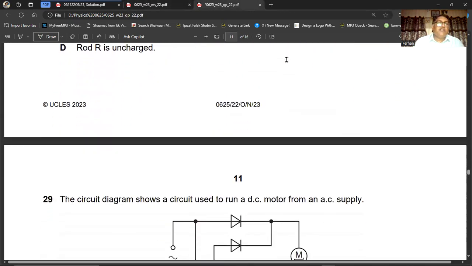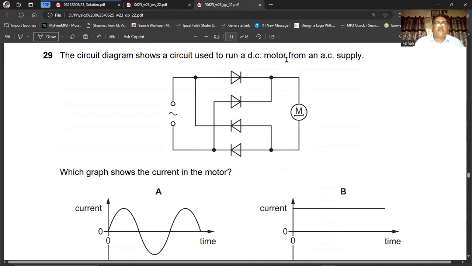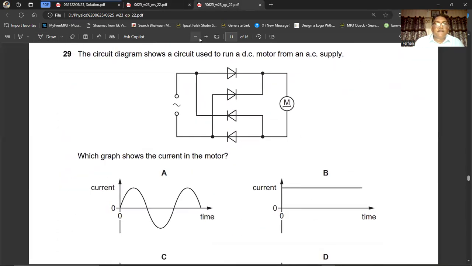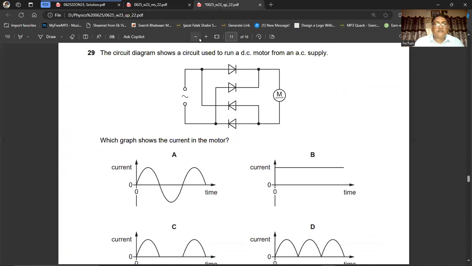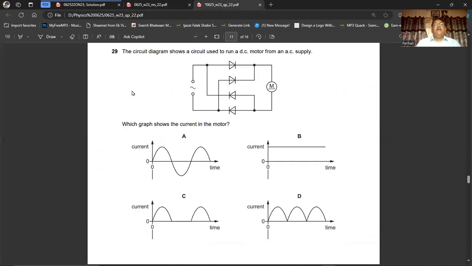In question number 29, they say the circuit diagram shows a circuit used to run a DC motor from an AC supply. Which graph shows the current in the motor? When the current comes from this direction, it will go this way, and from here it will go back.